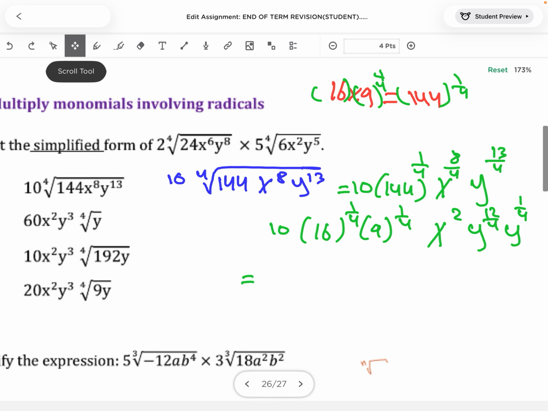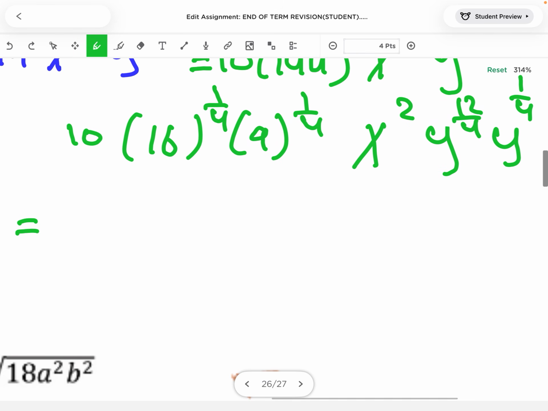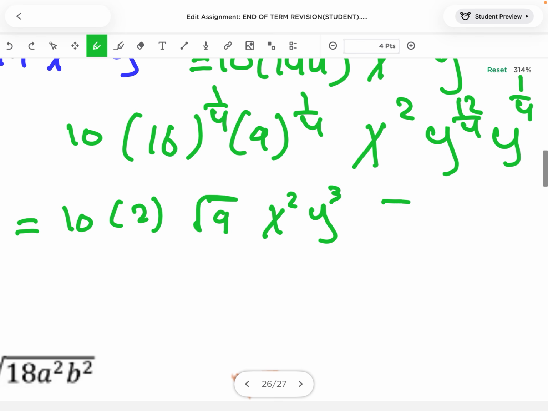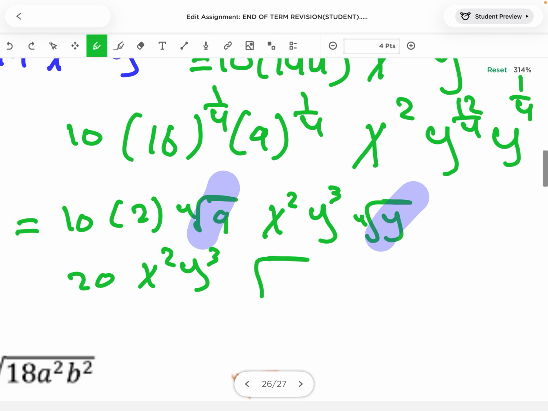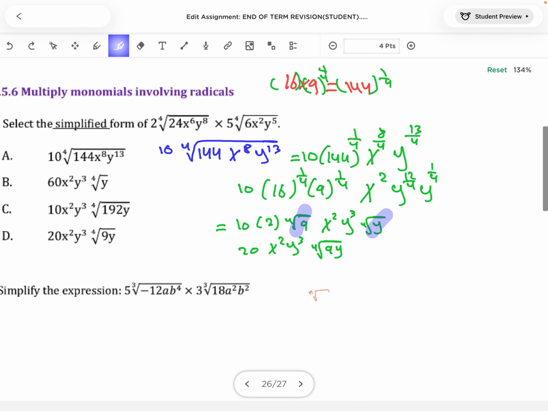Now put all your focus here. And I don't need anything else. 10 is 10. 16 to the power 1 over 4 is 2. 4th root of 9 stays because it doesn't have a root. X square. Y to the power 3. And again 4th root of y. Put the roots together. 2 times 10 is 20. X square y cube, 4th root of 9y. Which is D.